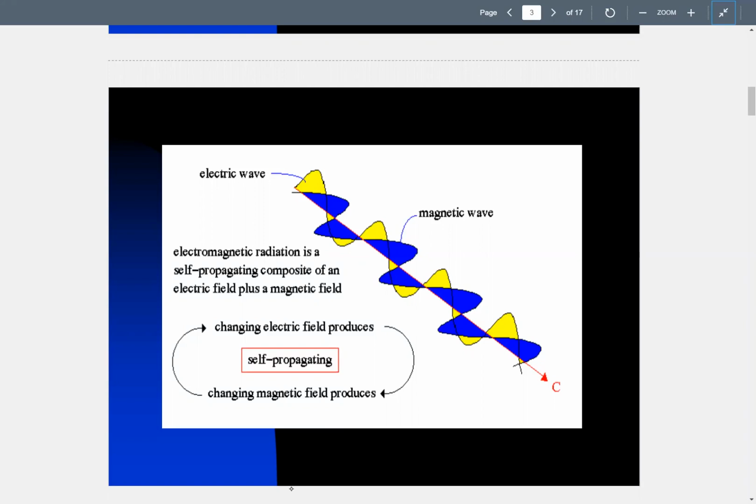That's why electricity and magnetism are so closely linked together, because they're basically kind of opposite planes of the same kind of field. So light is energy that moves in this wave pattern.